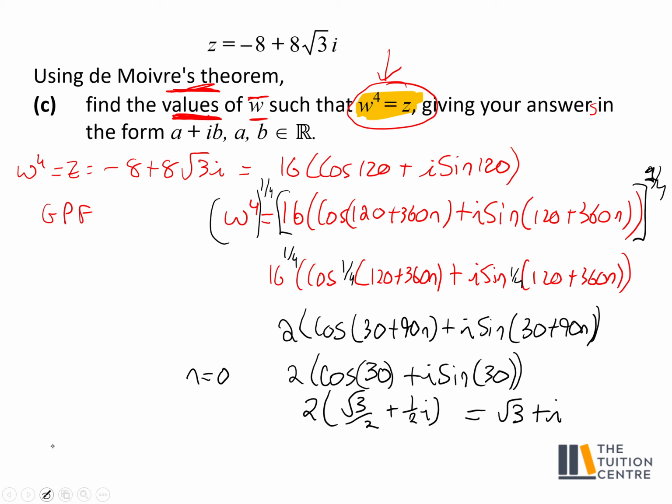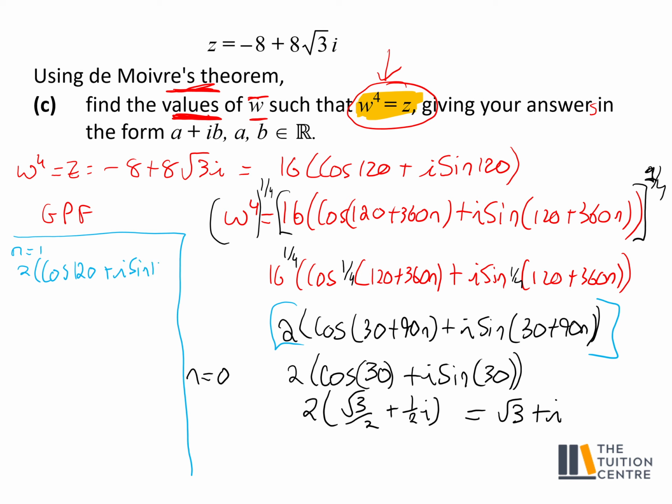Now I might need to clear a bit of space here for me in a moment, but I go over here to the left hand side. Let's see what we can do. We'll say when n is equal to 1. So I'm back here at this point here, right? I'm putting in n equals 1. I'm going to get 2 times the cos of 30 plus 90 times 1. So cos of 120 plus i sine of 120.